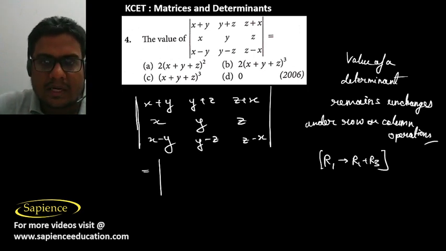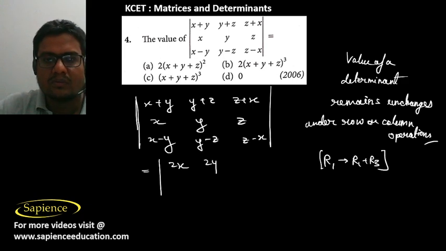So here if we add the first row and the third row, then we will get 2x, 2y, and 2z, and then x, y, z, and x minus y minus z, z minus x.